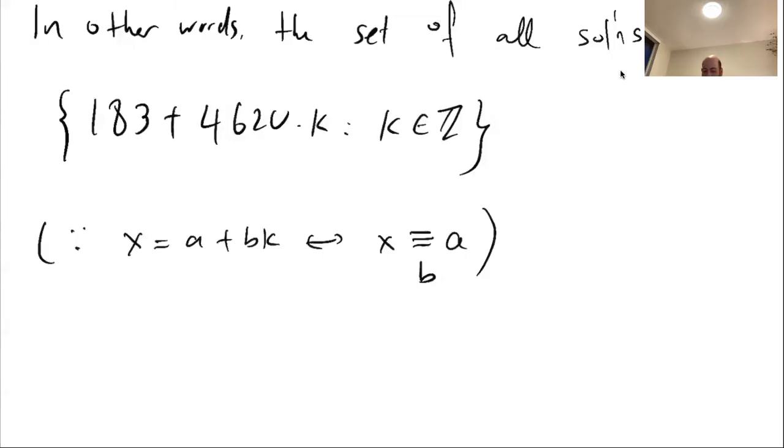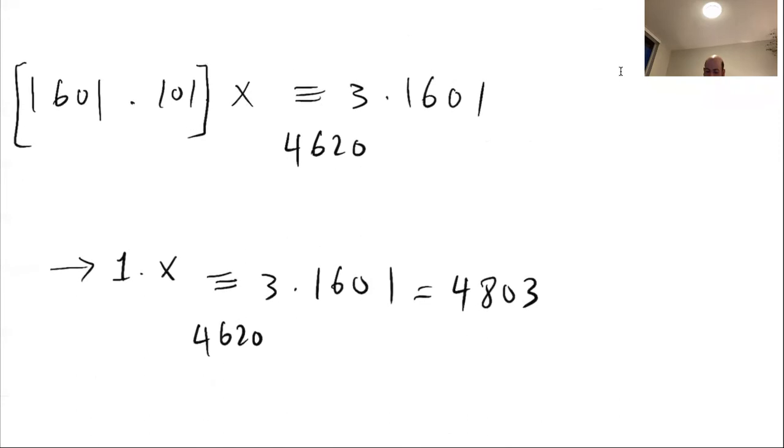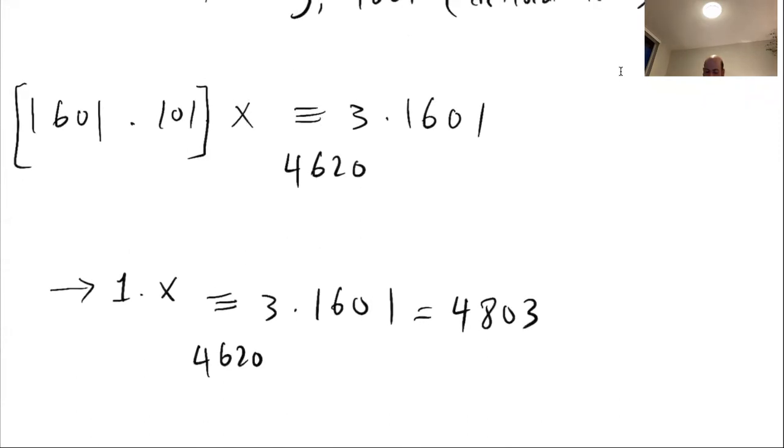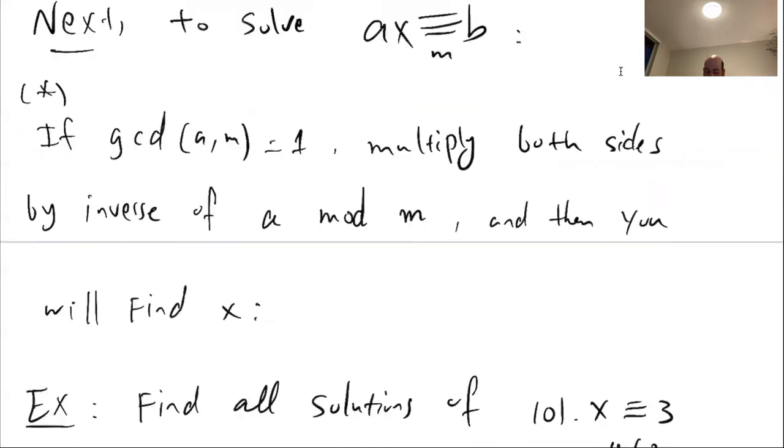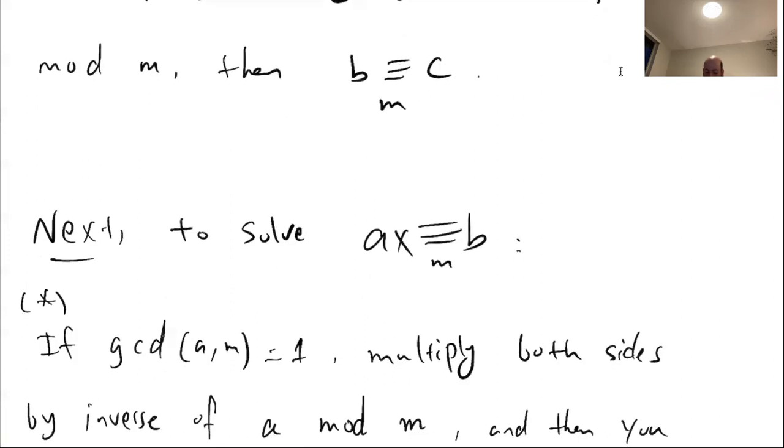Okay, so please remember that we are done with solving the congruence in the case where GCD of A and M is 1. So let me clearly say here that this is case 1. If GCD of A and M is 1, then we saw how to solve the congruence.